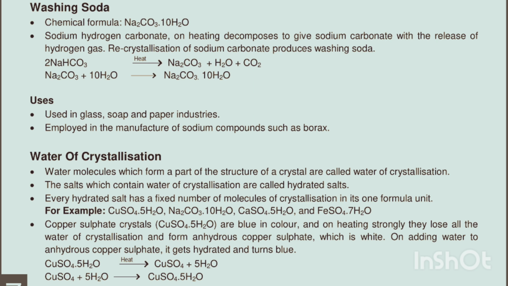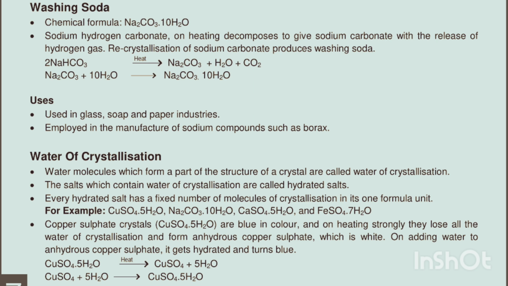Again we add the same water, and it gives back CuSO4·5H2O. Once the color has changed after decomposition, the color comes back when we add the same amount of water.